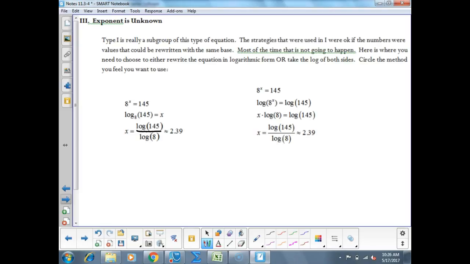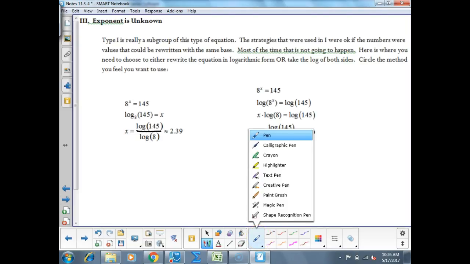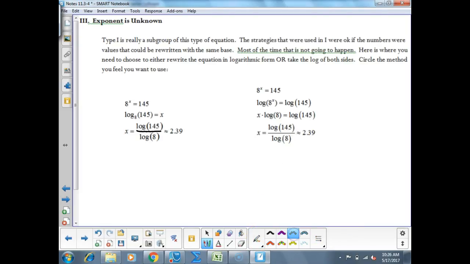So this again was the gold star method. Okay? Switching forms, using change of base, going through. Okay? This method over here is the log both sides method.